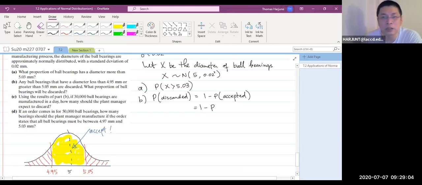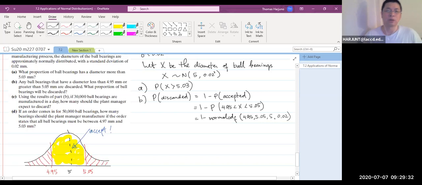So that's the probability between 4.95 and 5.05. So this will be 1 minus normal CDF of 4.95, 5.05, 5, 0.02. Okay, that's something you can compute.